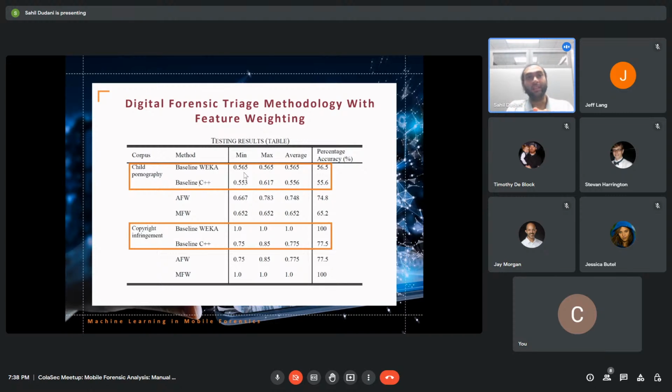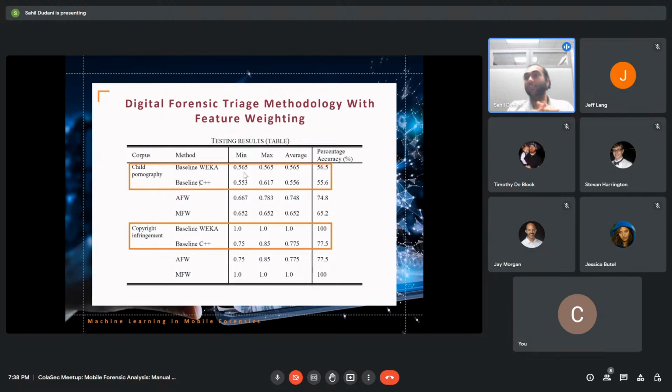Weka is basically another tool that lets you run any kind of machine learning algorithm using the libraries they have set up. And they also ran some models using C++. I don't remember exactly, they probably ran random forest and decision trees using C++. Based on that, they presented the accuracy results.